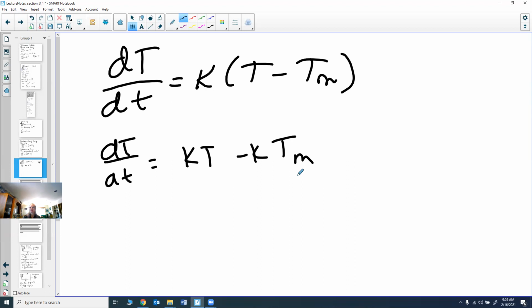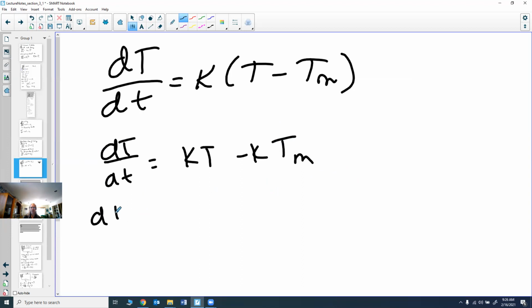But the change isn't as big as it would be for the temperature of the object. So we're going to simplify it by not worrying about the temperature of the medium changing. In reality, it does change a little bit, and it's usually just around the object. It's not the whole medium that might be changing, but it does change. So it makes it a more complicated differential equation. We will simplify it and assume that T sub m is constant.